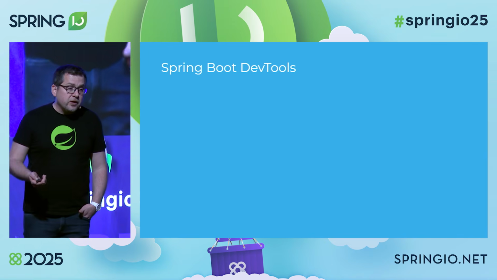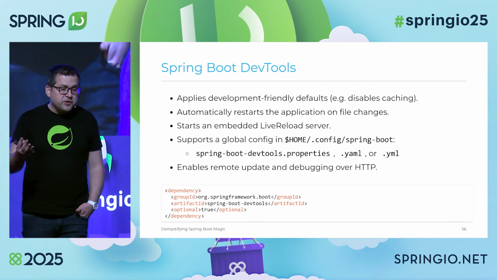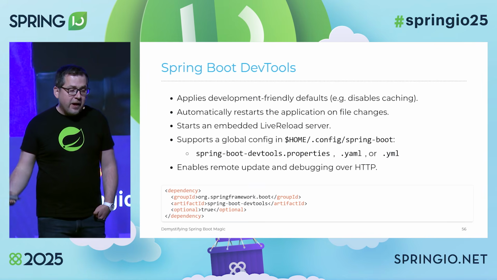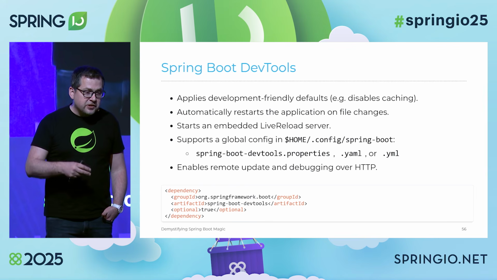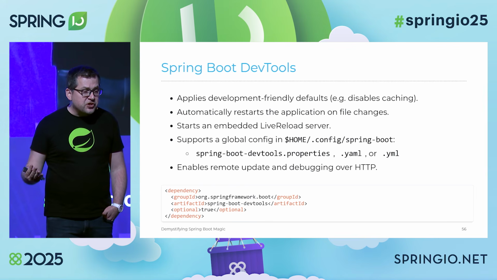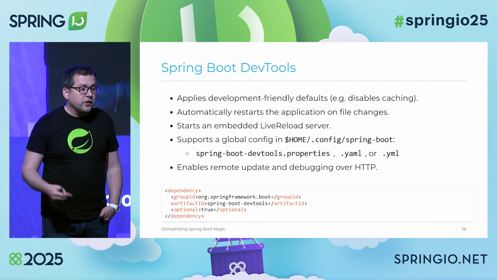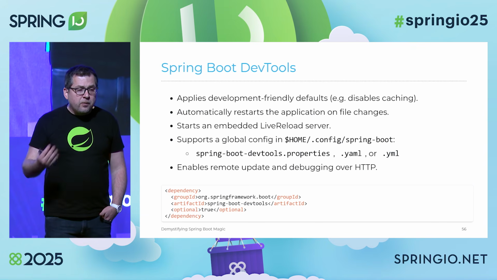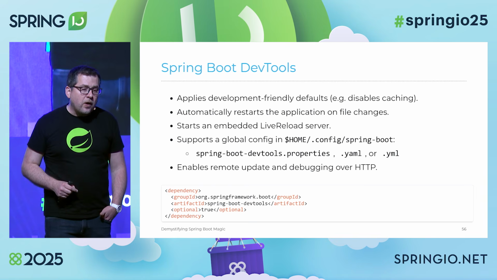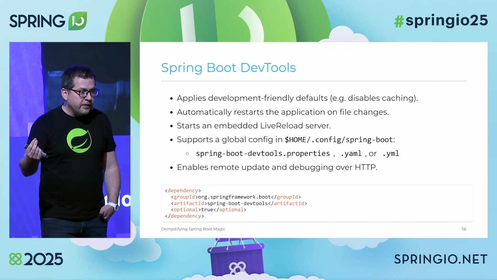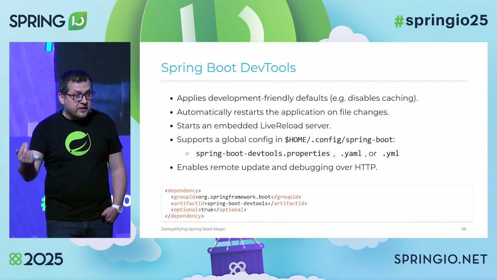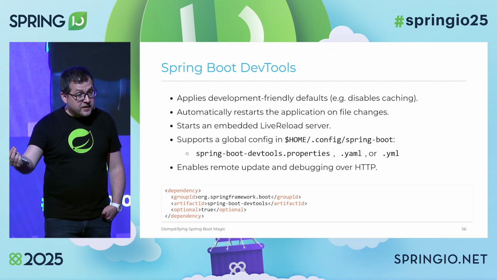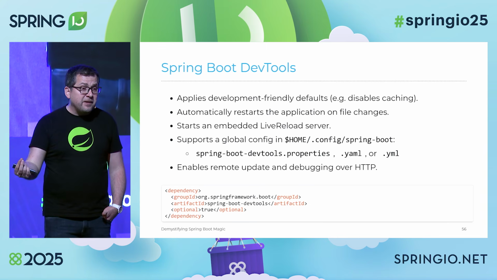Of course, you can also use DevTools, and DevTools you probably have seen as well. Just a dependency you add to your application, and then if a Spring Bean configuration changes, the application context automatically restarts. And DevTools also provide some other features, but I just want to highlight one which I find fascinating, because you might have one data issue in production in a Kubernetes environment at the cloud provider, for example, and you would love to debug the application in the cloud, but you can't.